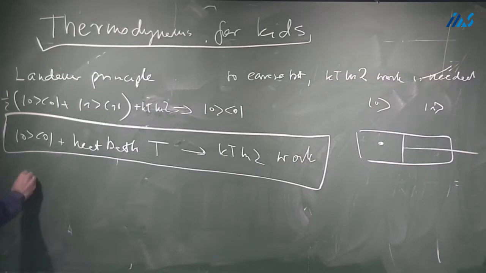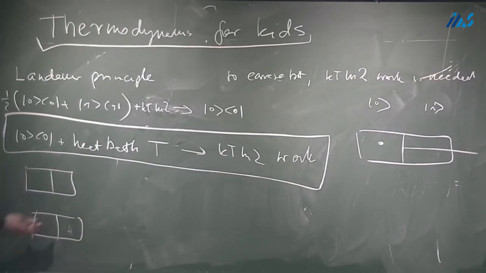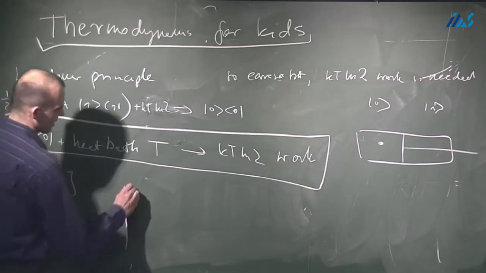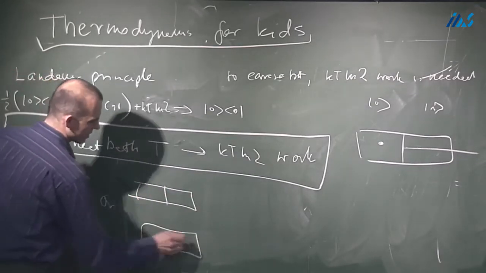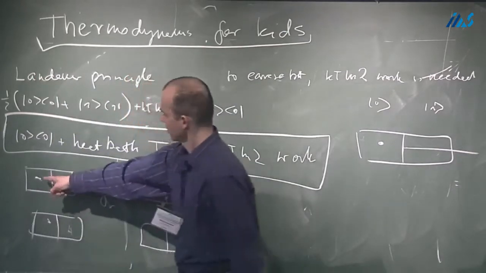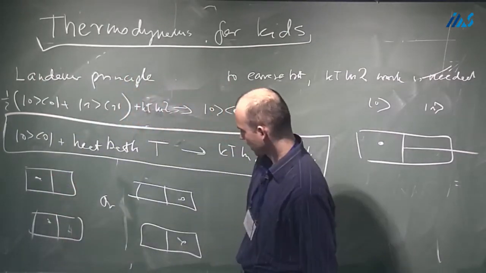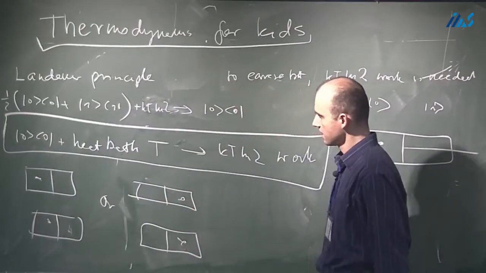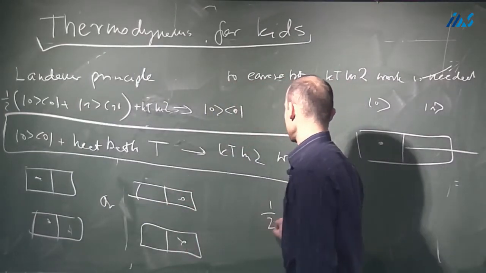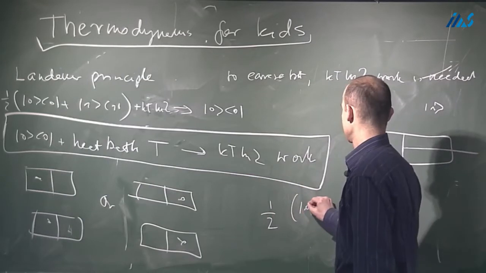Suppose I have two bits, and suppose for a while they are correlated. So either we have this situation, or we have this situation. We don't know where the particle is, but we know that either it's in both boxes on the left or in both boxes on the right. So then the full state is such a state.